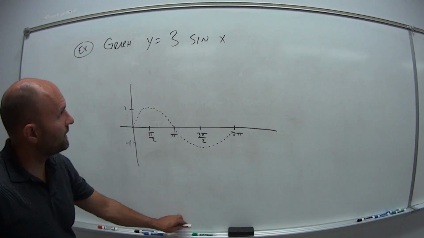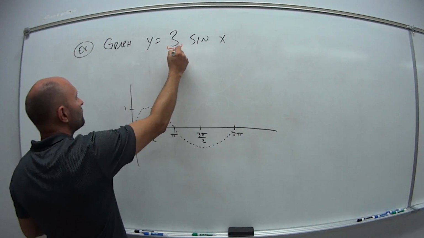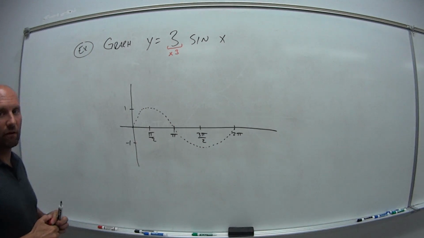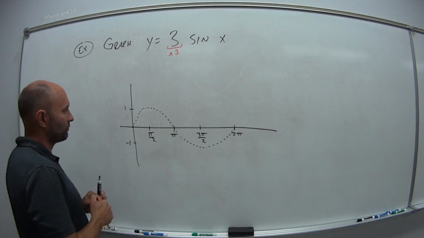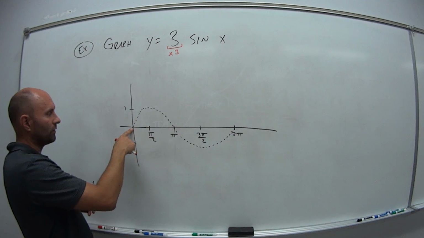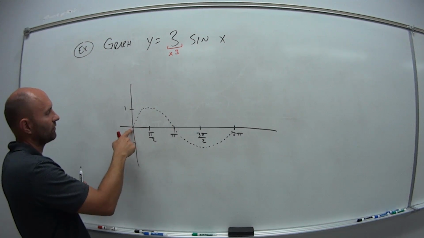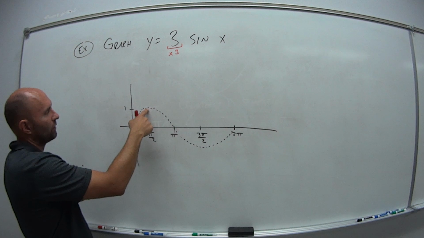But this 3 in front now tells me that I have to multiply every value that I have on this graph by 3. So I start at 0. 0 times 3 is still 0. So I'm still at the same starting spot. But here I is at 1.